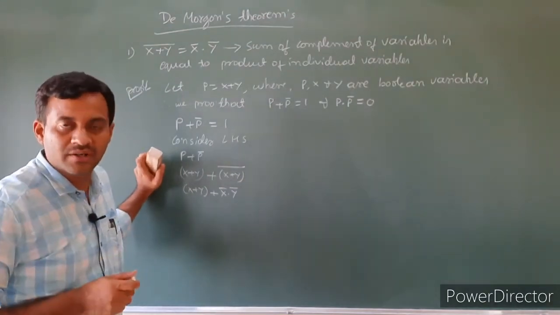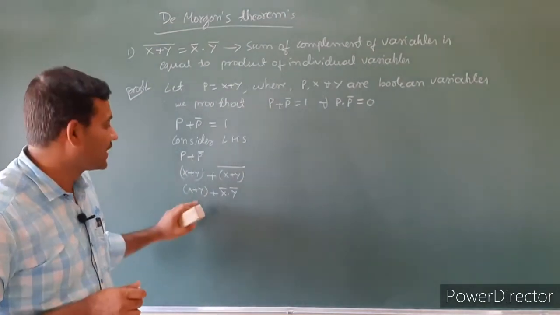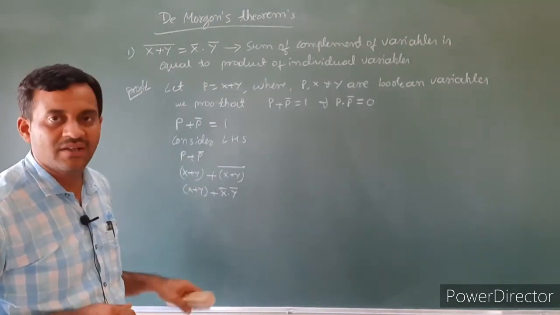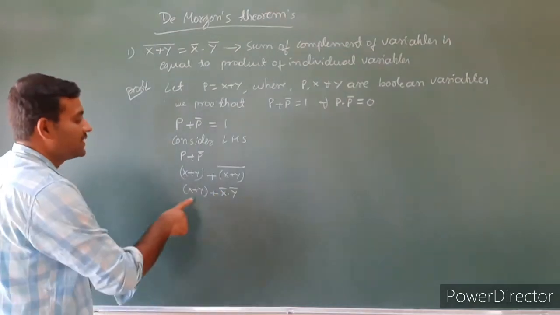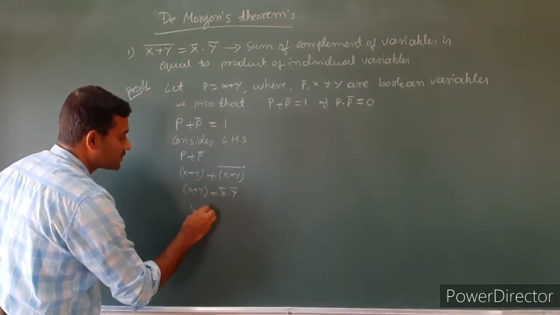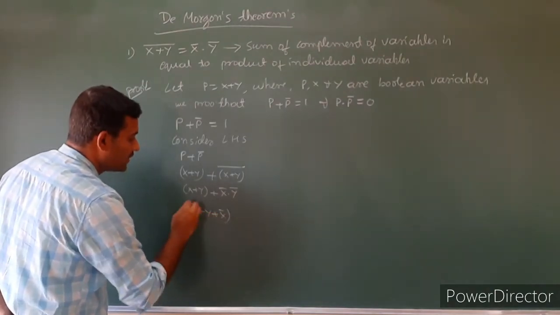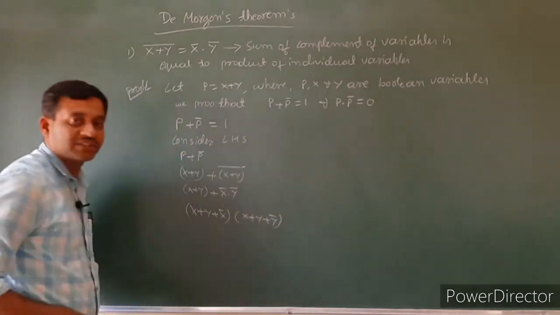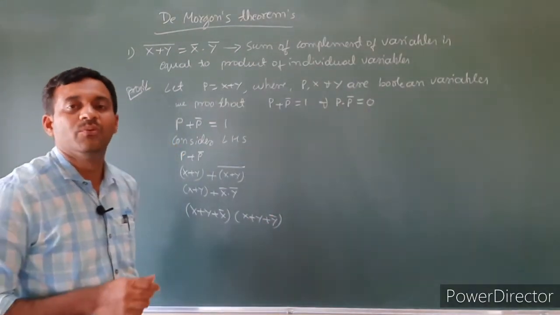Then it is of the form x plus yz. Just remember the distributive law, x plus yz. If it is x plus yz, then we write x plus y, times x plus z form. Here it becomes x plus y plus x bar, then x plus y plus y bar, because it is of the form x plus yz.